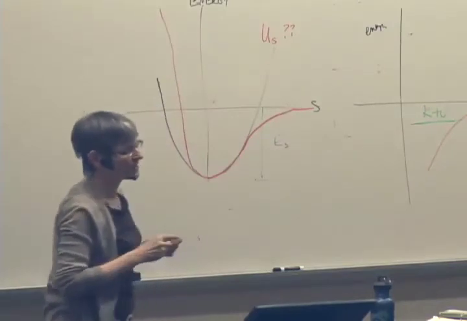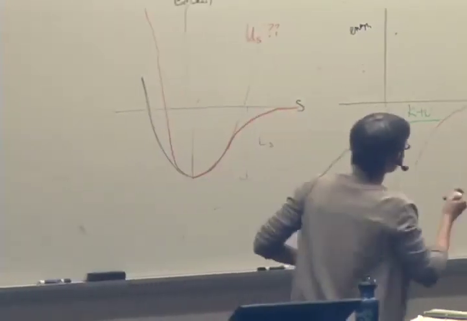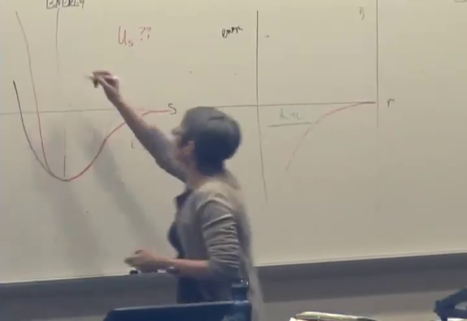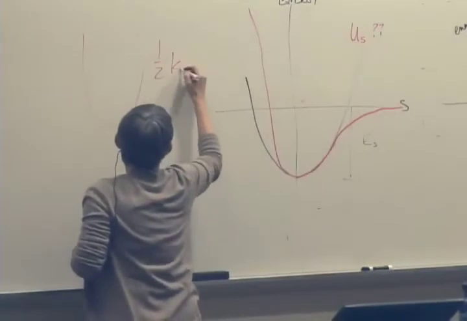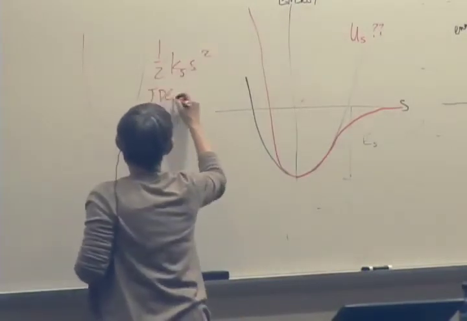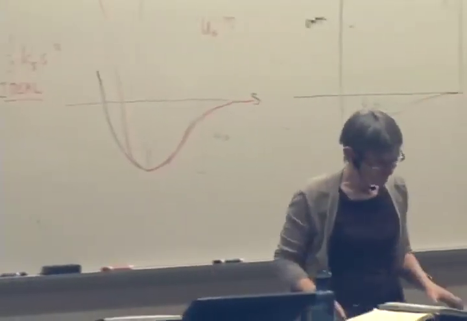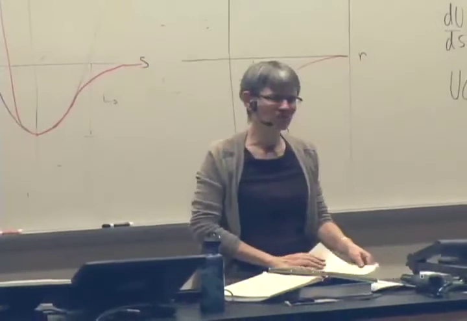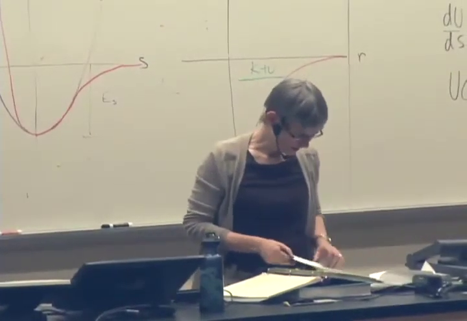So that's more like the potential energy curve for a real spring, isn't it? So this parabola, this a half K sub s squared, is what we call the potential energy for an idealized spring. Okay, it's some imaginary spring that we're not really going to find.